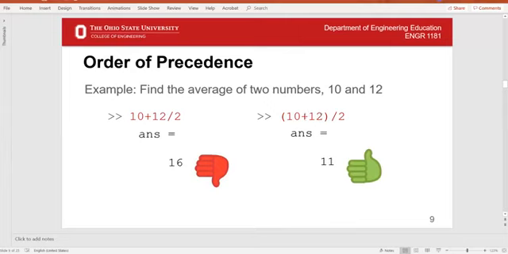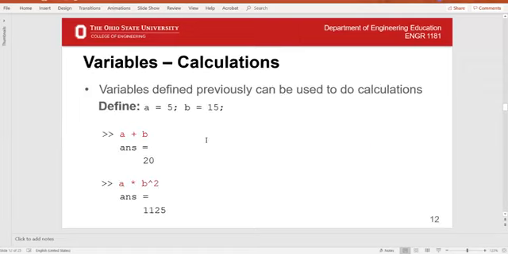So 10 plus 12 is 22, then divide by 2, and this will give you 11. That gives you the correct answer. You can see if you miss that, you will get a wrong answer. That's why it's very important to know the order of operations, and when we do variable calculations, we keep that in mind.